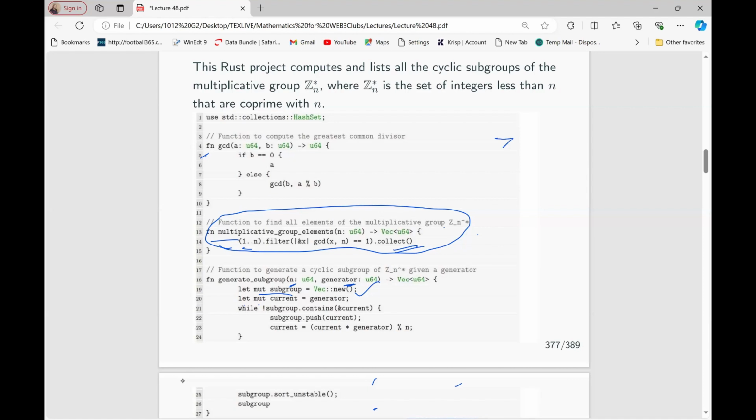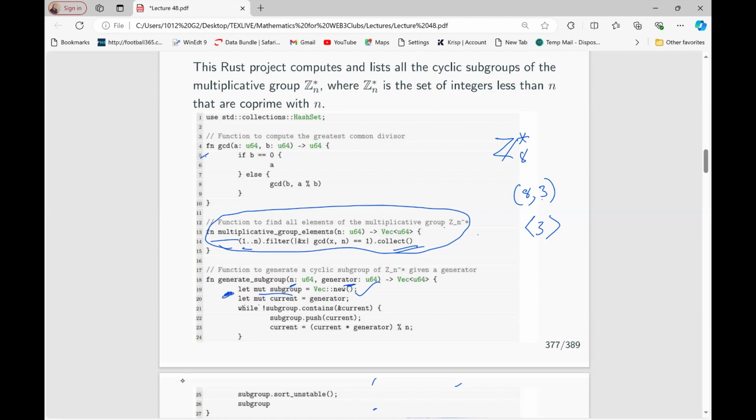I'm doing it mod 8. And it has been asked to get the subgroup generated by 3. So what is it doing here?